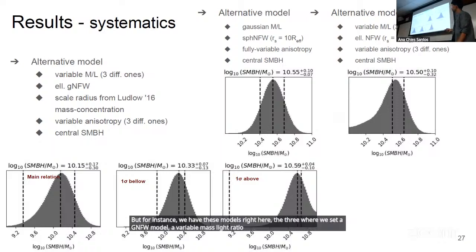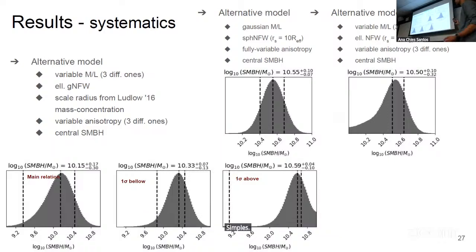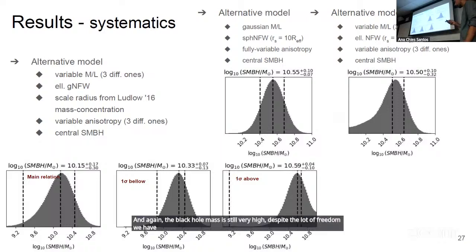We let the scale radii follow a mass-concentration relation. So in some sense, the scale radii is not a free parameter, but it is free to vary across samples. And we also have the black hole. And again, the black hole mass is still very high, despite the lot of freedom we have in this model.